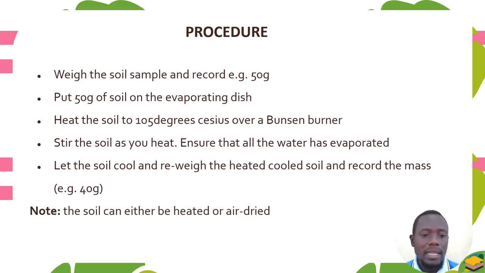Let the soil cool, then weigh the heated, cooled soil and record the mass. For example, the original mass was 50 grams. After heating and cooling the soil, you find that the weight has come to 40. Take note that the soil can either be heated or air dried.